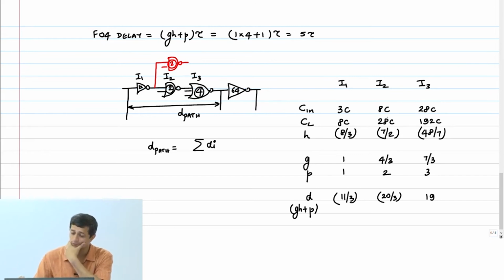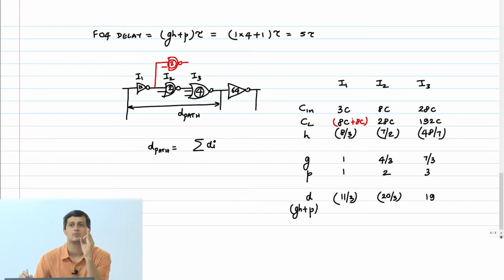CL of I1. This will become plus 8C. What about C in of I2? Will that change or will that not change? That will not change.